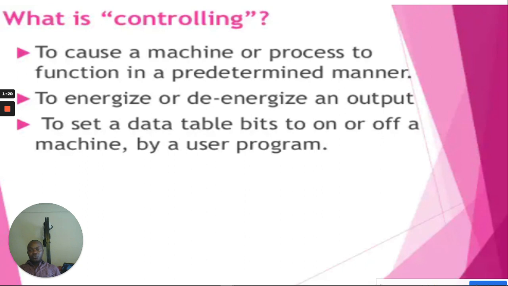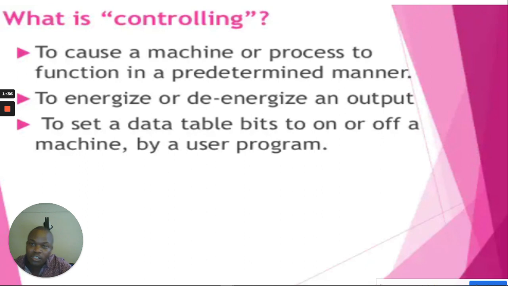Then we can also define controlling as to set data table bits to an on or off state of a machine by a user program. So those are the simple definitions of what we can term as controlling.